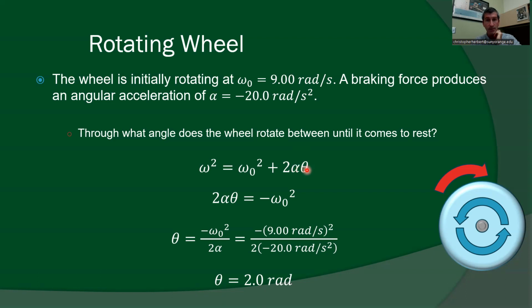We need to find out how much it rotates before it stops. So, given that omega squared is going to be 0, we solve here for theta in terms of omega naught squared and the acceleration, and we get 2 radians of rotation for this case.